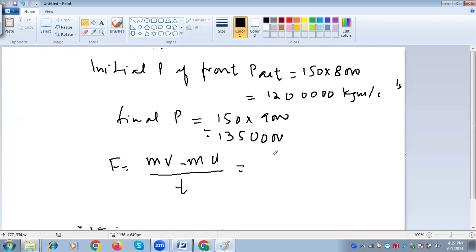So initial momentum 1,200,000, 1,200,000 minus, divided by 0.2.